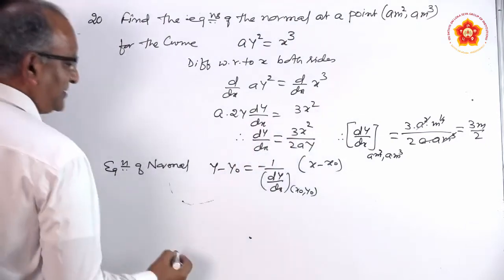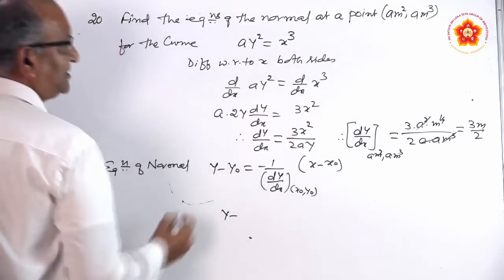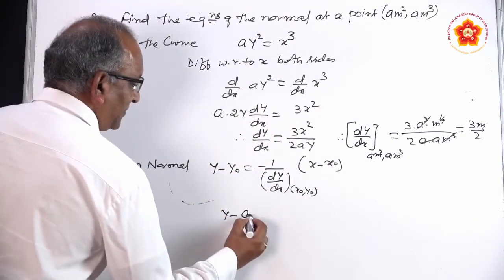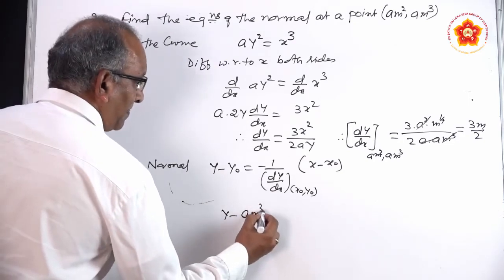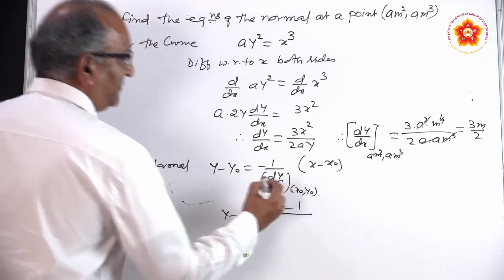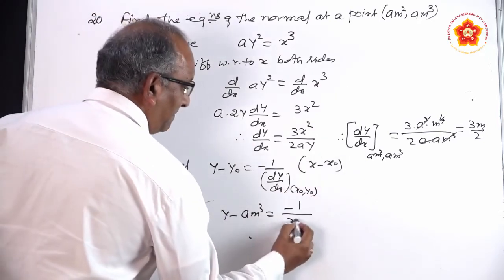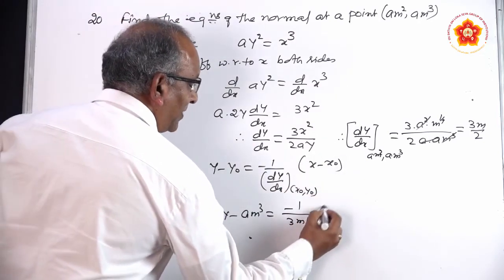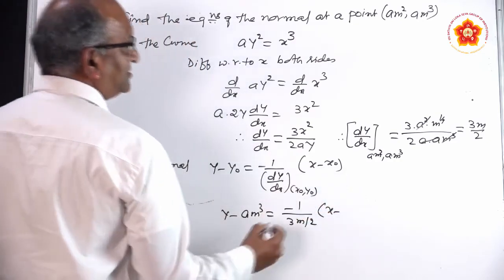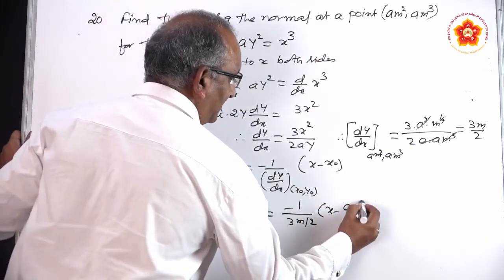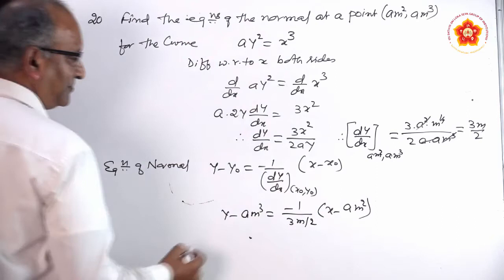That value can be substituted here. What is y0? It is am cube, equal to minus 1 upon dy by dx, which is 3m by 2, into x minus x0, which is am square. Simplify it.